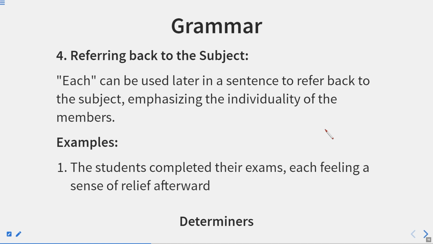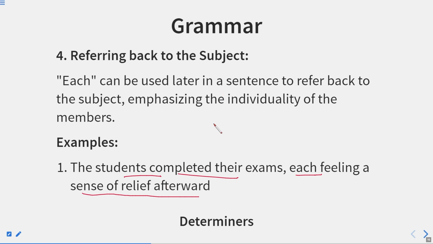Referring back to the subject. Each can be used later in a sentence to refer back to the subject, emphasizing the individuality of the members. The students completed their exams, each feeling a sense of relief afterward. Now, here I'm talking about all the students, but I'm focusing on each and every student, each feeling a sense of relief afterward.